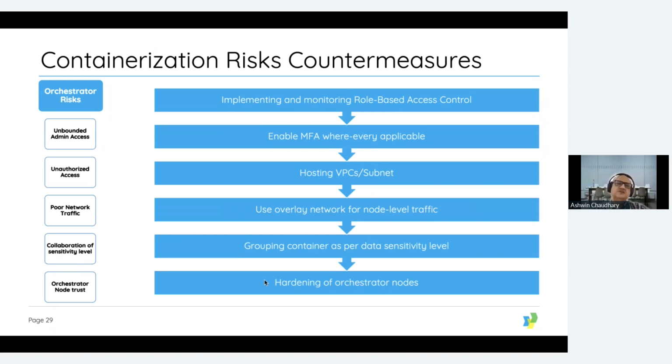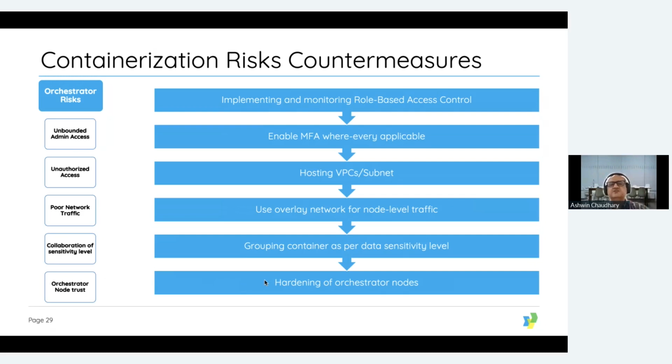And now look at the orchestrator risks. Kubernetes is also an orchestrator platform. That's what we just saw, right? So some of these may also be involved here: unbounded admin access, unauthorized access, poor network traffic separation by sensitivity level, and orchestrator node trust.